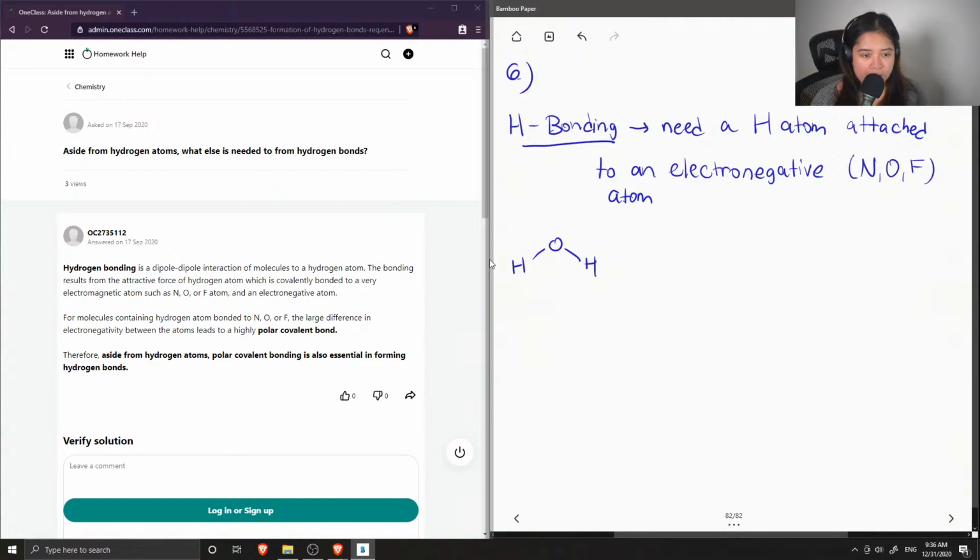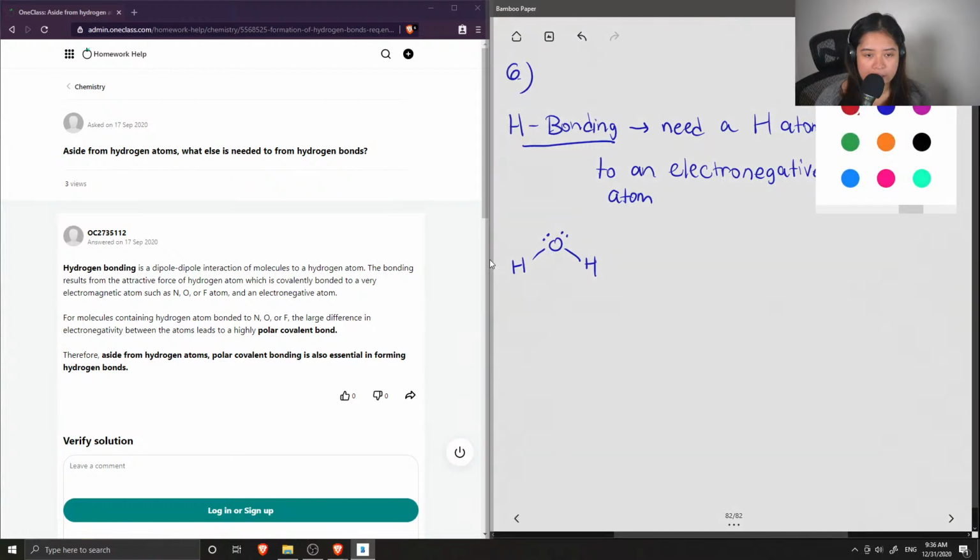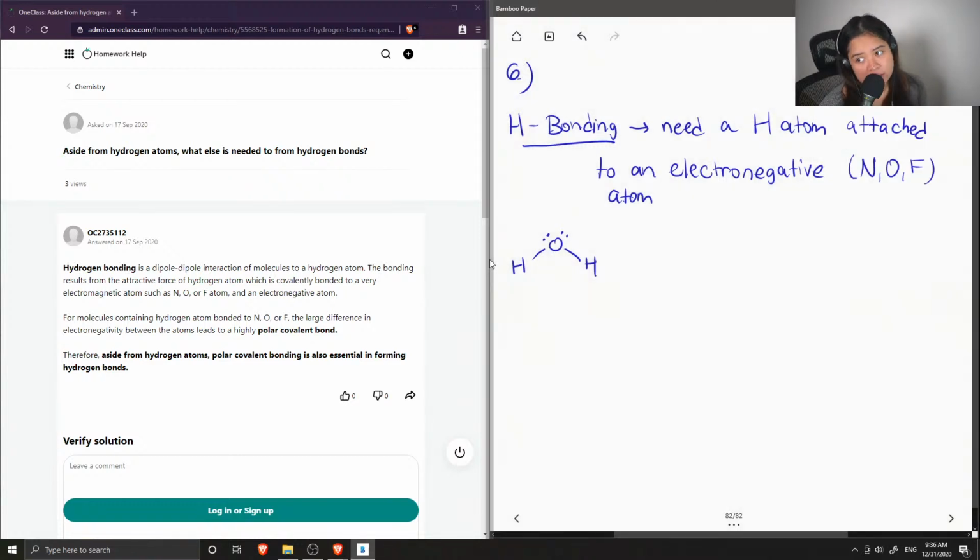So I'll just have a common example showing the water molecule. You'll see that 2 hydrogens are attached to oxygen. Obviously, we know water is H2O. But also, oxygen is much more electronegative than hydrogen is, so it will pull the electrons. It has an uneven share of electrons in the bonds with hydrogen.